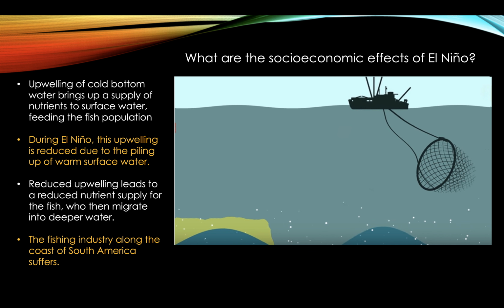El Nino itself was actually named after what occurs in South America. And the peak of El Nino activity was usually around Christmas time. So in South America, they named it El Nino for Christmas after the baby Jesus. But as I said in a previous slide, El Nino has far-reaching consequences for the whole world.